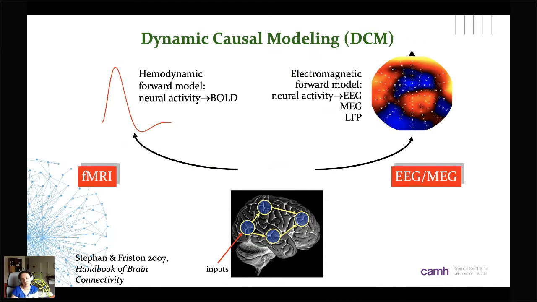So we have inputs that perturb connectivity in some specific way, but we can incorporate knowledge in terms of priors, in terms of anatomical connectivity between the areas that form our network. To estimate how a neural state translates into a measurement that we can observe, such as bold or EEG, we have to invert the model. In other words, we fit the model to the data, we estimate the parameters and reconstruct their posterior distributions.